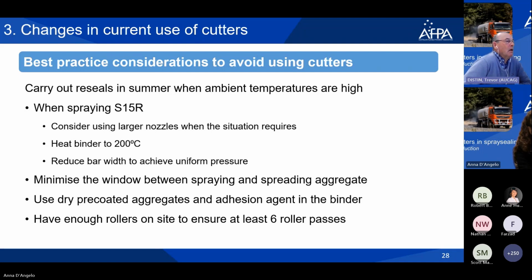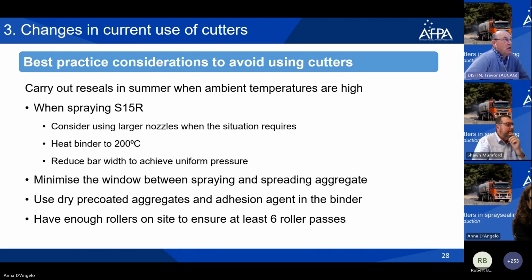One is to look at using larger nozzles. So we're talking about the AN 26 or 38 size nozzle. But this can only be used if you've got a high binder application rate and the geometrics of the road allow you to travel at a faster speed to deliver your spray rate without increasing the risk to the safety of the road users or the driver of the sprayer.